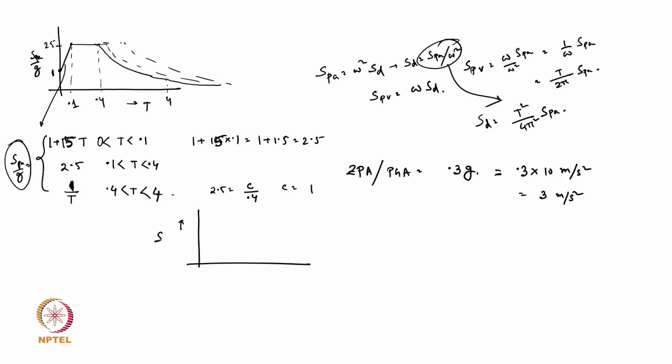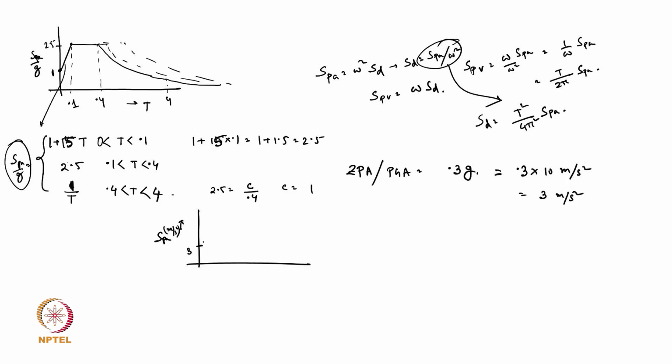So now you just plot the SPA curve, not SPA by G. If you plot the SPA curve, you will start from what point? 3, exactly. And your unit will be meter per second square. Agreed, all of you?